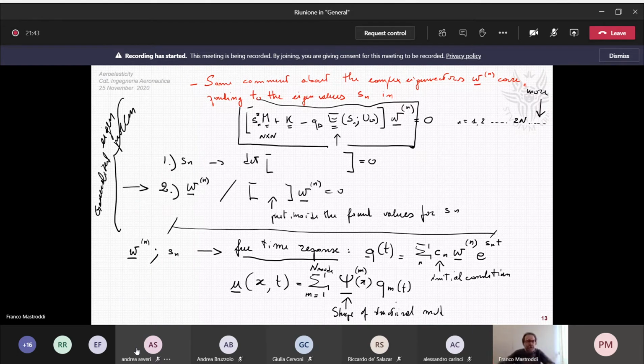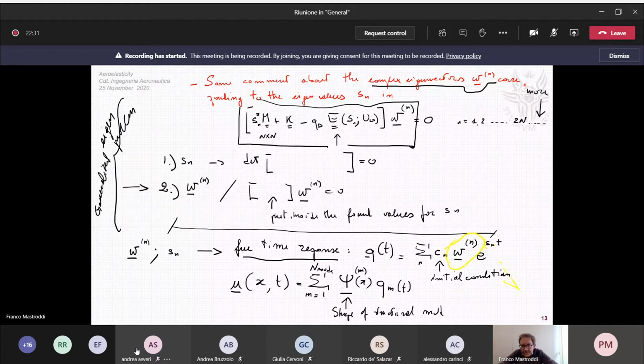Okay, so this is our free response, and I would like to comment on this free time response by considering the role of our complex eigenvectors W. The complex eigenvectors W are the main actors in this response, because we have to consider this contribution in the evaluation and building of the free response Q(t).